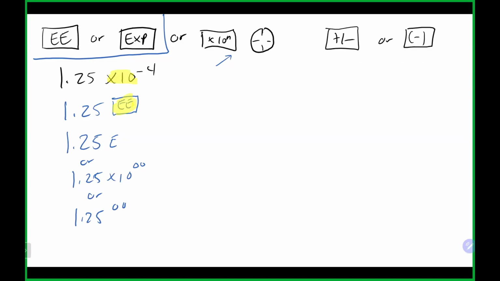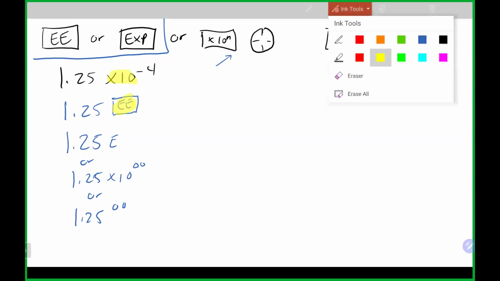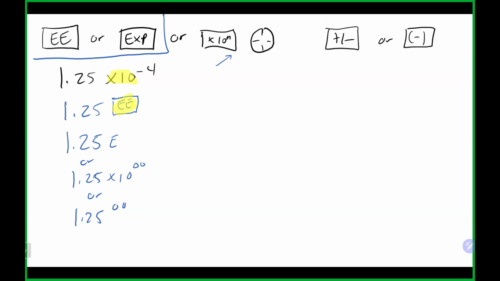All you have left now is the -4 part in this case. And what you would then hit on your calculator is your negative button, not your subtract button, and then 4. And that should turn this into a -4. And that is the proper way to punch scientific notation into your calculator.